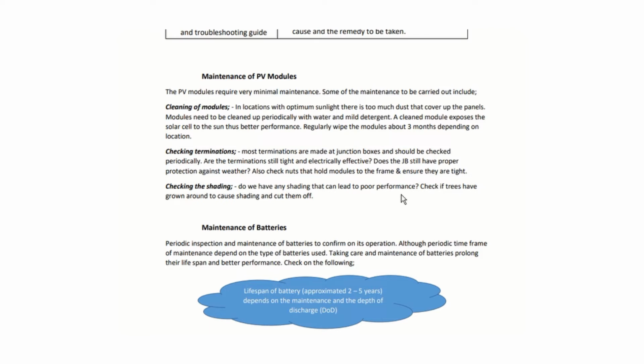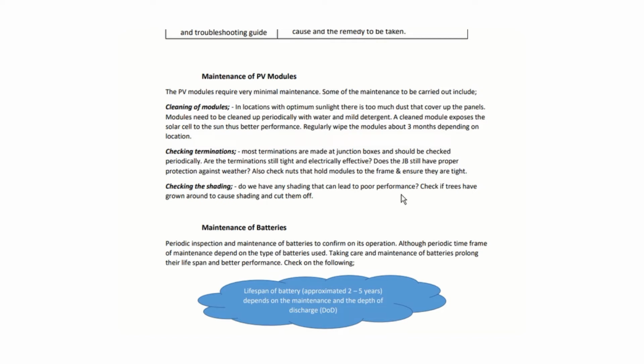So you need to check if everything is tight, and if it is loose, then you need to use your tools to tighten up, and must ensure that everything is electrically effective to avoid any harm. If you fail to check terminals, you may have a short which may cause the stoppage of performance of any solar system that is put in place.